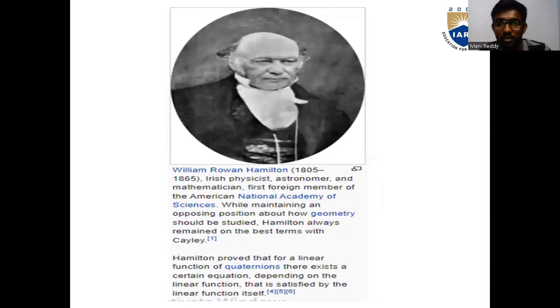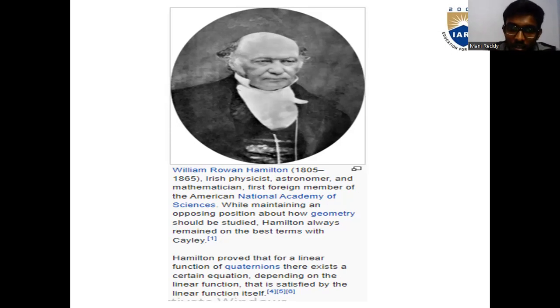And this fellow is William Rowan Hamilton. In the previous slide we saw that incident about Caley and Hamilton. Here is Hamilton, William Rowan Hamilton, Irish physicist, astronomer and mathematician, a foreign member of the American National Academy of Sciences.